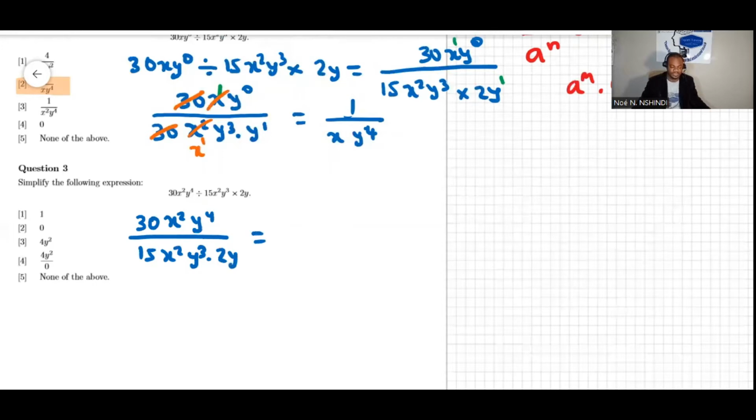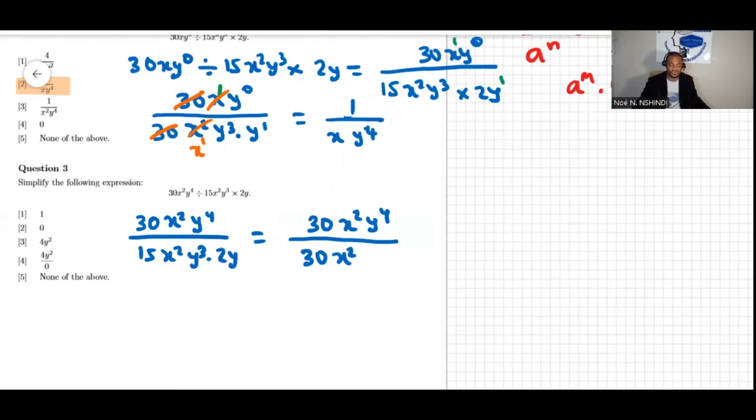So this will be what? At the denominator here, I can see we have a constant there, another constant there, which I can call coefficients. We can just combine them, okay? So this will be 30 x squared y to the power of 4 over 30, because 15 times 2 is 30, x squared.